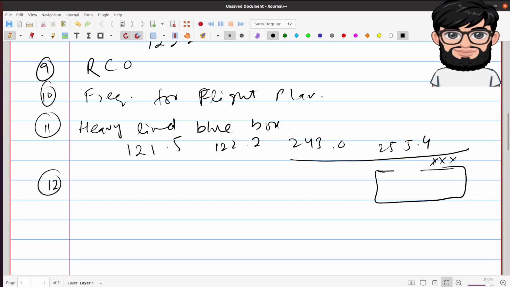So this usually means that this frequency is available in addition to the standard FSS frequencies. So if you have a heavy line blue box, it means that these frequencies are available. But if there is another frequency mentioned on top of that, that means other than these frequencies mentioned above, you can also use this one.